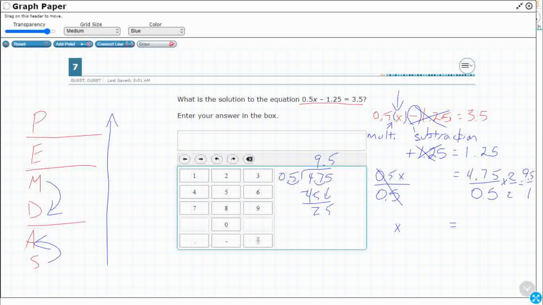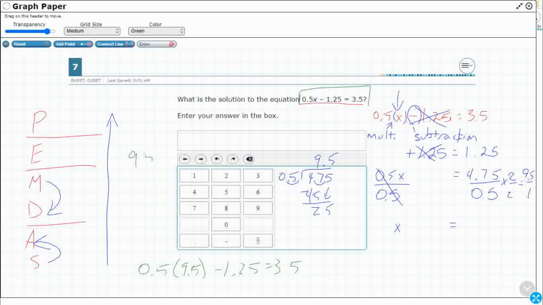Now that looks like my answer, but before we do that, let's go ahead and plug this back in. So let's rewrite this: 0.5 times 9.5 minus 1.25. Does that really equal 3.5? Well, there's 0.5 times 9.5.